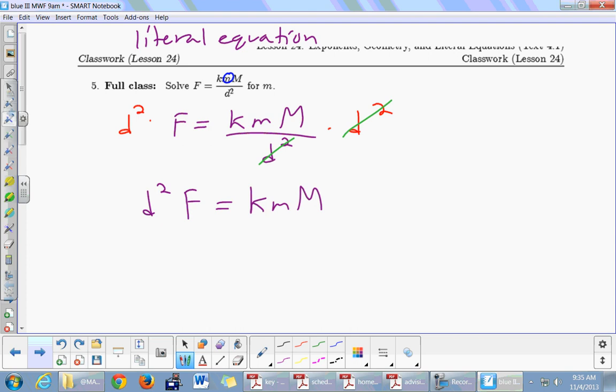Again, I'm going to circle the variable, which is lowercase m, which means everything that's near lowercase m needs to go away. So what do you see that's near lowercase m? It is capital M, and what else is near? K. We have multiplication by k and capital M. What's the opposite of multiplying by km? Dividing by km.